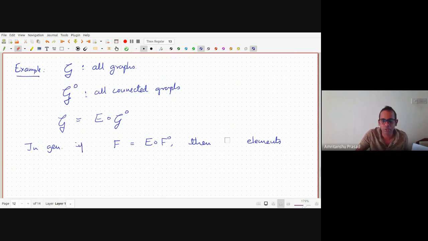Then F naught is called the species of connected F structures. So this is just an abstraction. Of course, sometimes it may make no sense what it means to be a connected F structure. I'm not sure these are unique.